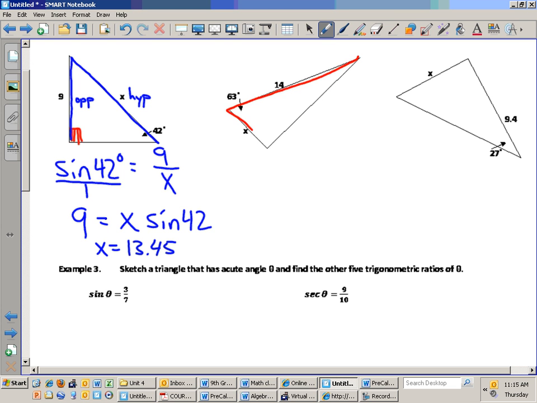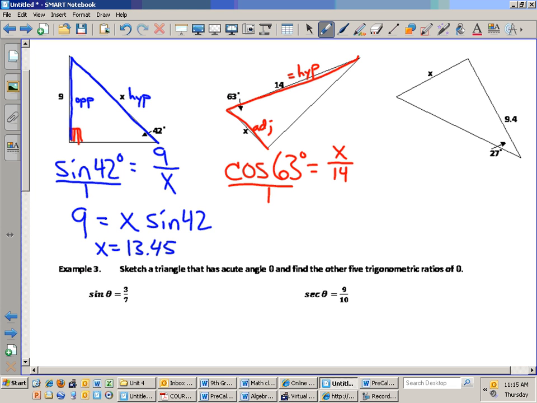14, is that opposite, adjacent, or hypotenuse? 14 is the hypotenuse. How about x? Adjacent. So which do I use? Sine, cosine, or tangent? Cosine. Cosine of 63 degrees is equal to what? x over 14. I write it over 1.